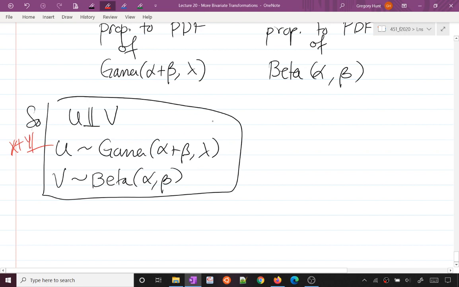So if I sum gammas with the same rate parameter lambda, I can just sum their first parameter. And furthermore, if I look at x over x plus y, that will be a beta distribution. Which makes sense. X over x plus y should be between 0 and 1. And it's not too surprising that a beta distribution, which is between 0 and 1, is distributed that way. So let's stop there.